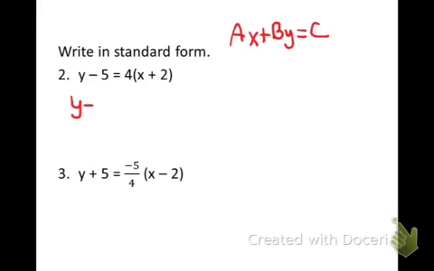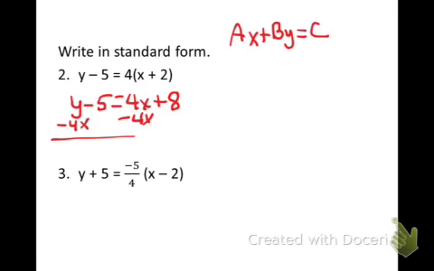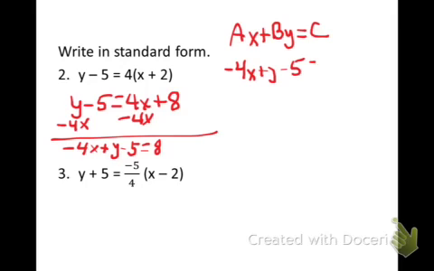So y minus 5, I'm going to distribute, get 4x plus 8. I need the x and y on the left side, so I'm going to subtract 4x from each side. Remember I need the x term first, so I'm going to put negative 4x plus y minus 5 equal 8.